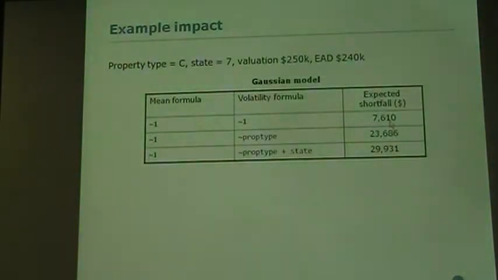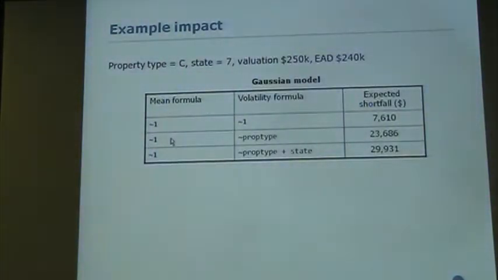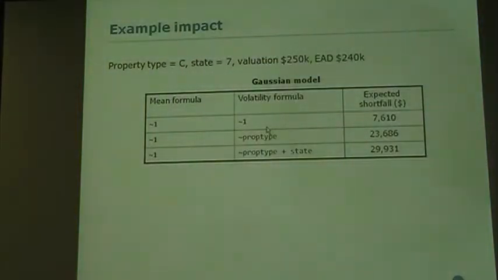So going from 7,000 up to 29,000, for example. So my mean formula still stays the same. In all cases, I'm just assuming some constant haircut on average. But the spread of each individual observation can vary depending on what's in this volatility formula.